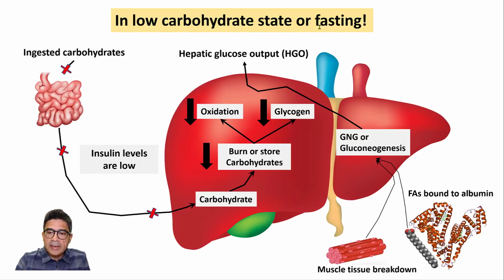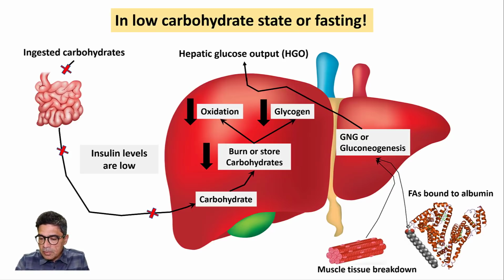In a low carbohydrate state of fasting, somebody is not eating at all or not eating carbs. There are no carbs coming to the liver. So the liver is not going to burn the carbs or store them because it's not getting any. But instead of that, it's going to make carbs through a process called gluconeogenesis.